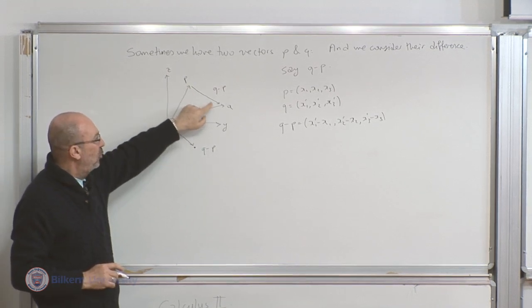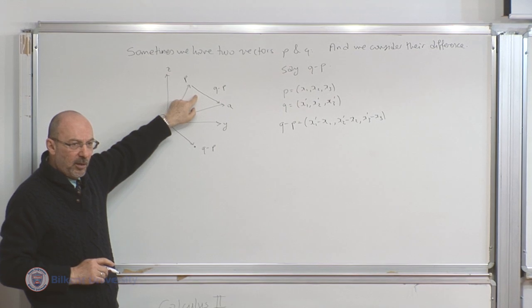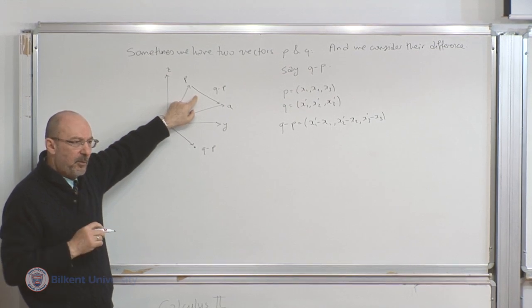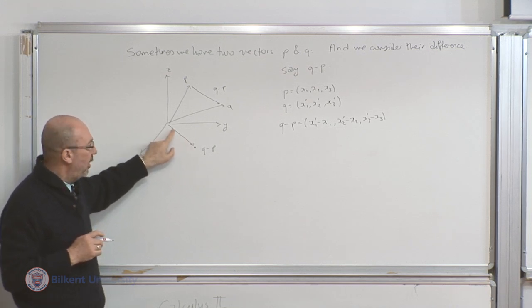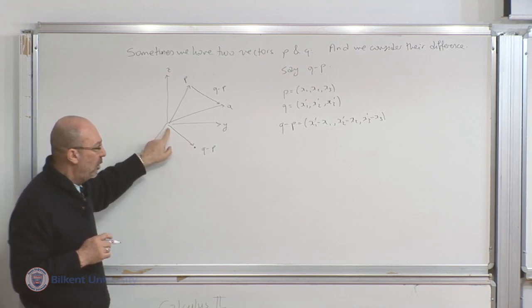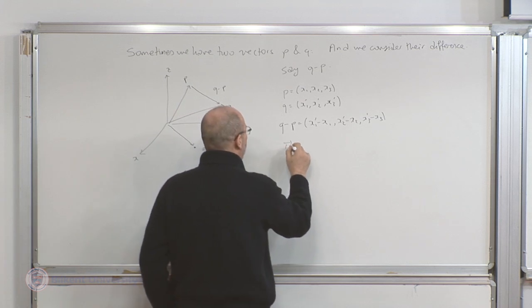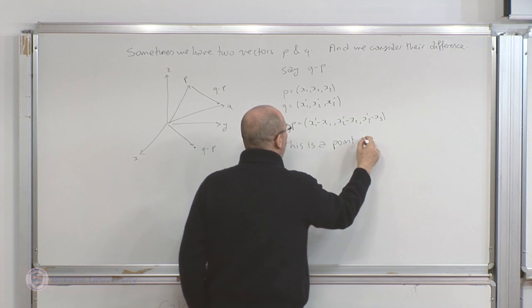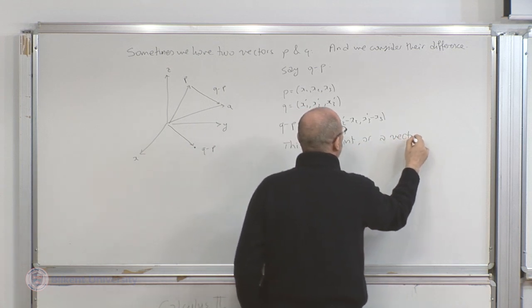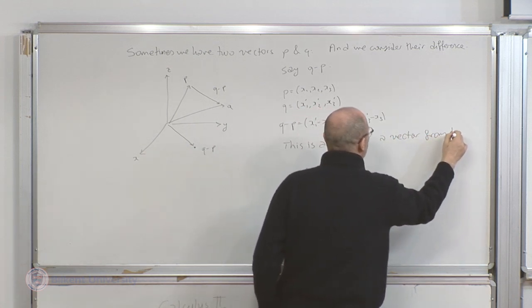Geometrically, we like to draw vectors wherever we want them, wherever it geometrically or physically makes sense. But in the calculations, all vectors are like this. All vectors start from the origin. So this is a point or a vector from the origin.